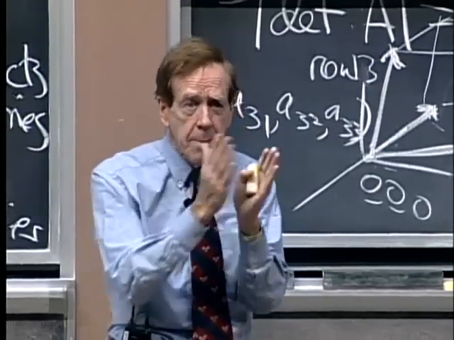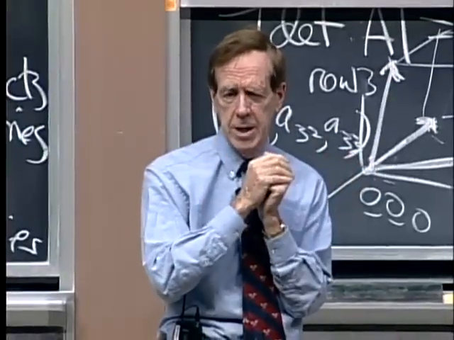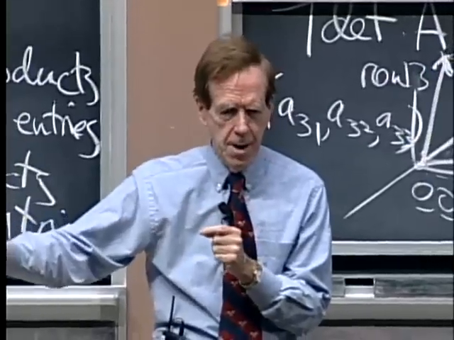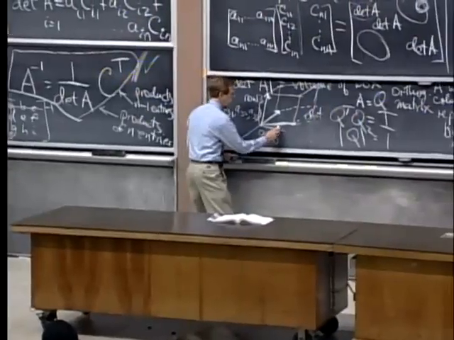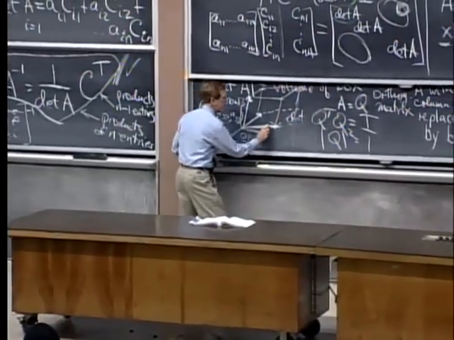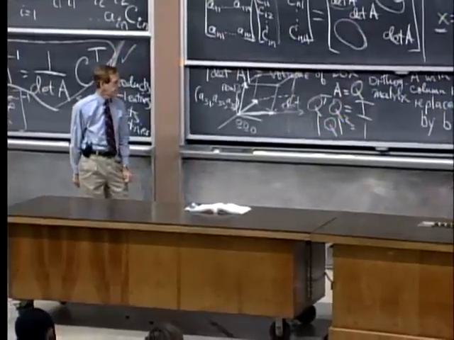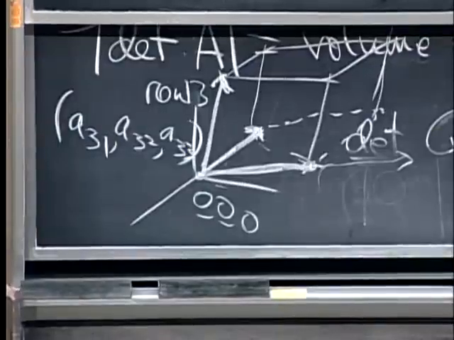Let me keep all the 90-degree angles, because that makes my life easy, and just stretch the edges. Suppose I double that first edge, keeping the other edges the same. What happens to the volume?